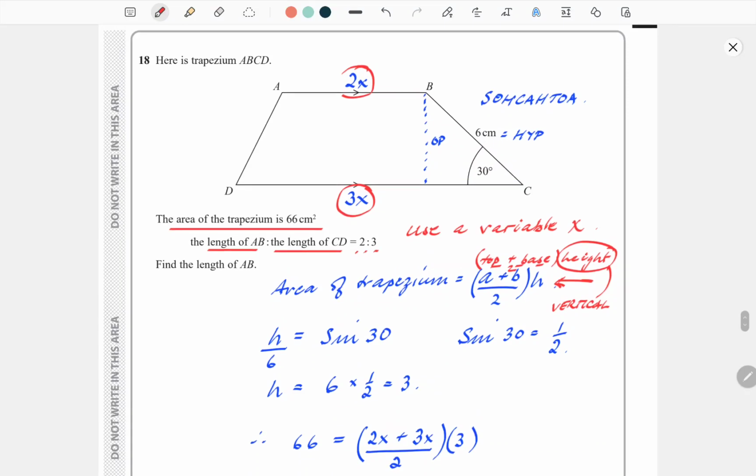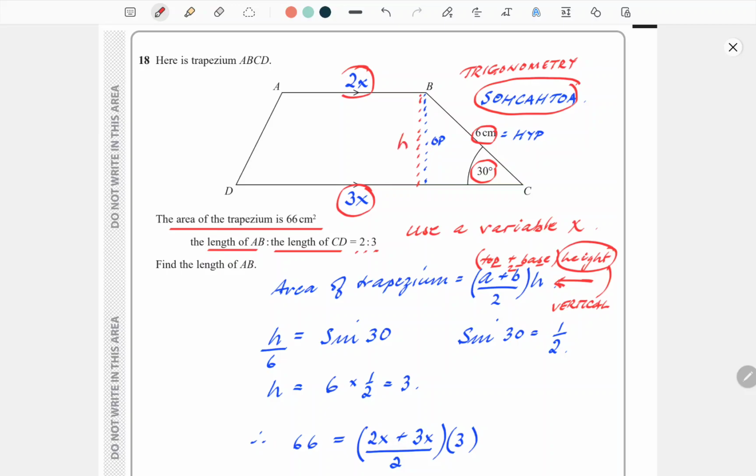In order to find the vertical height, notice they've given you an angle there, and they've given you a slope. Straight away, you should be thinking SOHCAHTOA trigonometry, because you can use that information to find what the height is.